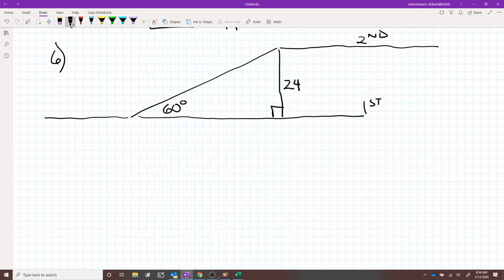How far do the supplies travel from one end of the conveyor belt to the other? Round your answer to the nearest foot. This hypotenuse represents the conveyor belt, and you're trying to find out how far up the conveyor belt they're going to go. So we're trying to find the hypotenuse.